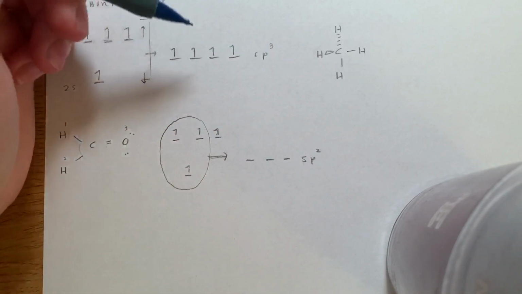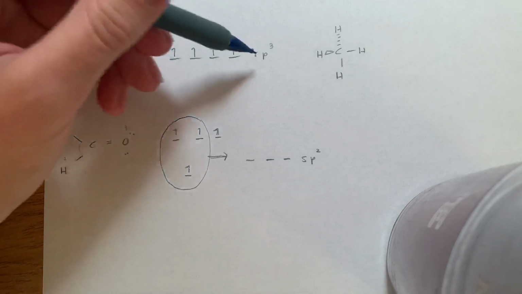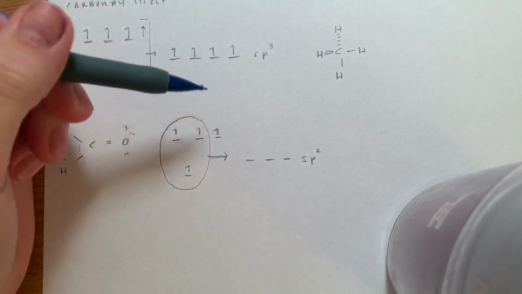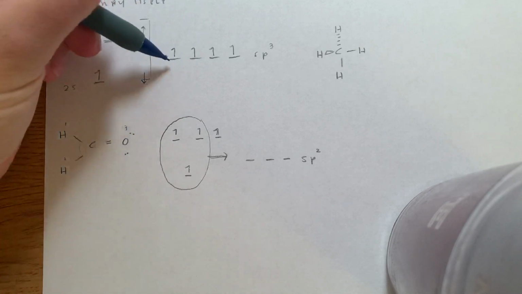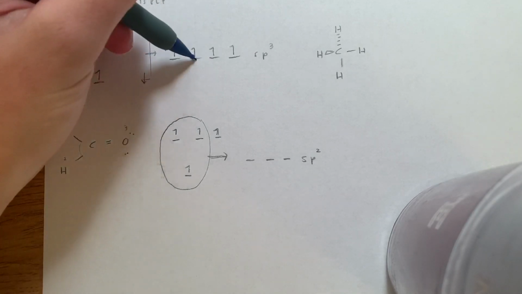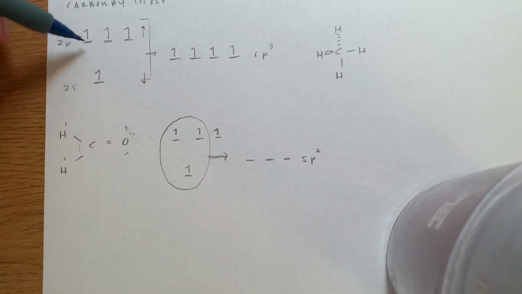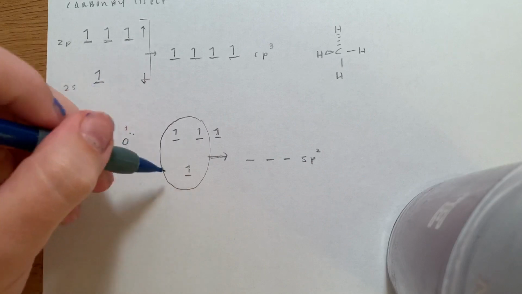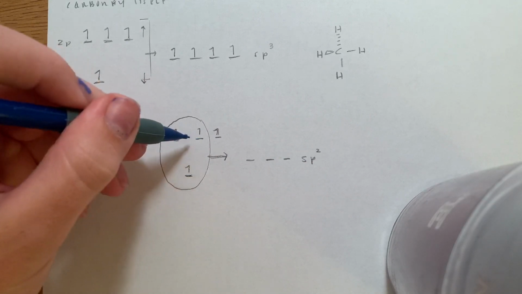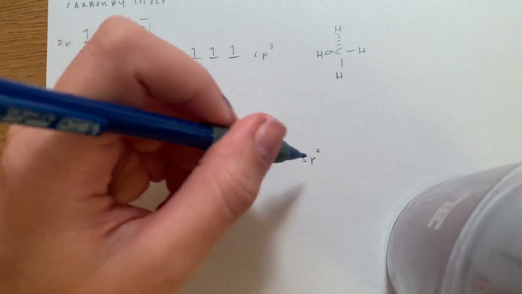And I know that you're thinking, wait, this has 4 orbitals, so why isn't it sp4? The reason it isn't sp4 is because technically one of these is an S, and 3 of them are P's, just like how we've got 1 S and 3 P's. So for this one, we have 3 substituents, but we've got 1 S and 2 P's that are hybridized to be like this.